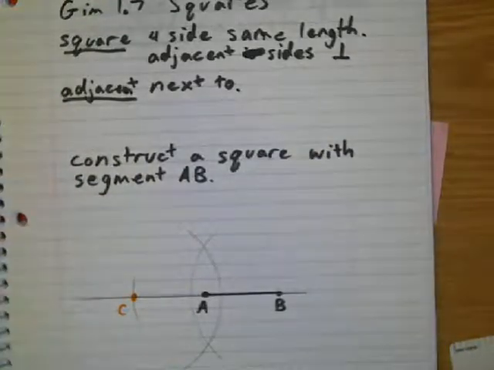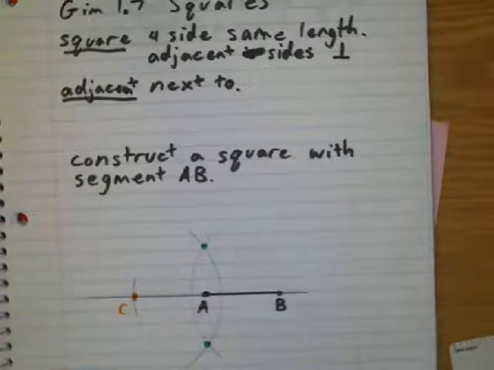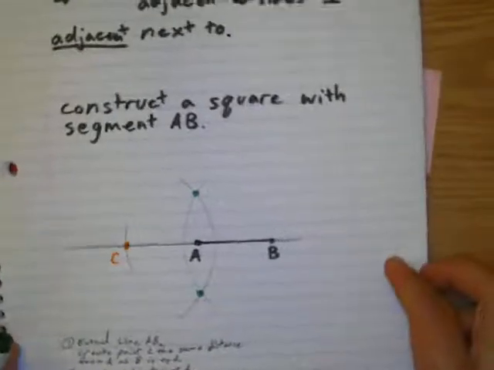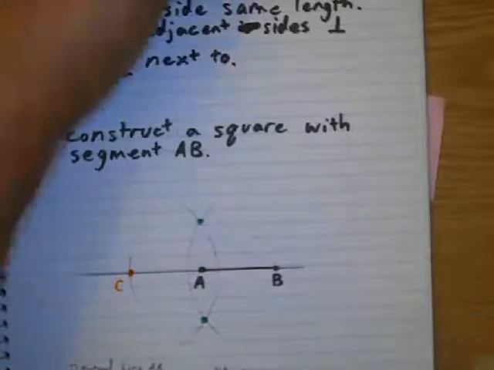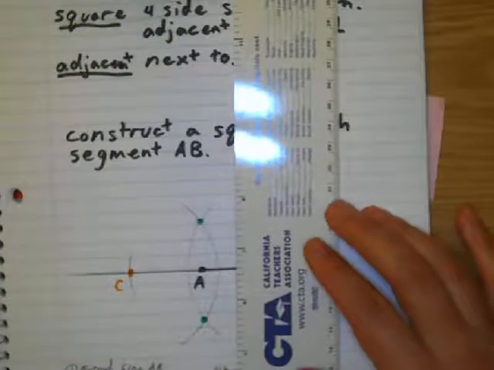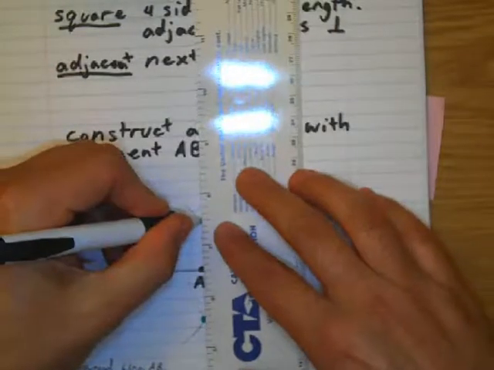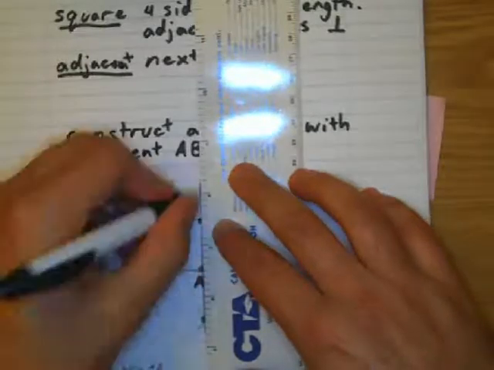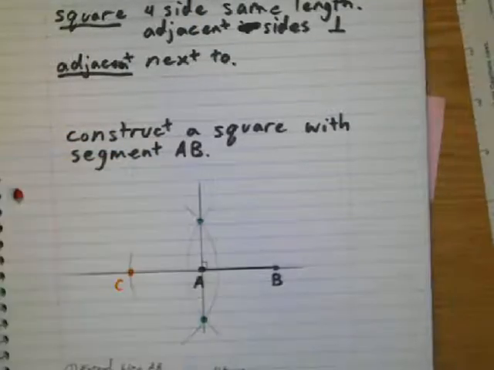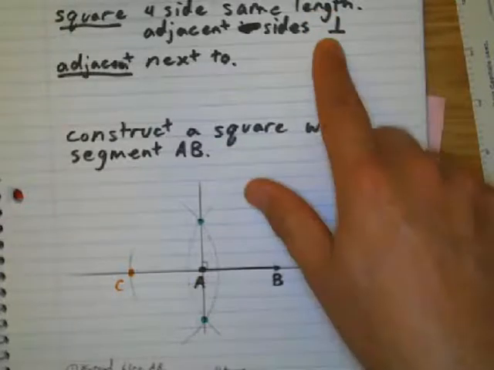So now I've got these 2 points, and those 2 green points are going to give me a perpendicular bisector through A at 90 degrees, right? So a square has adjacent sides that are perpendicular and the same measure.